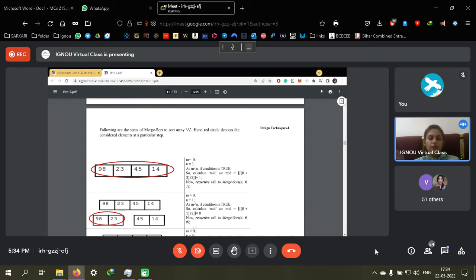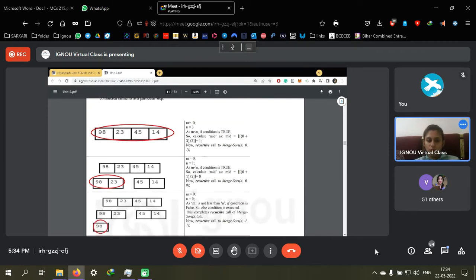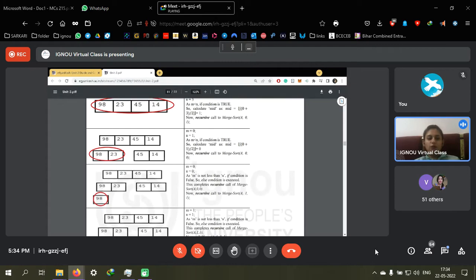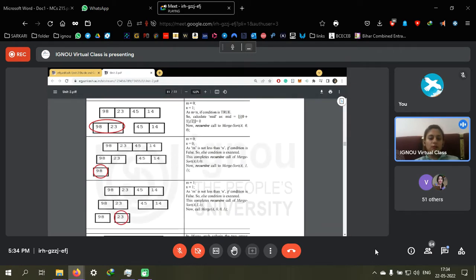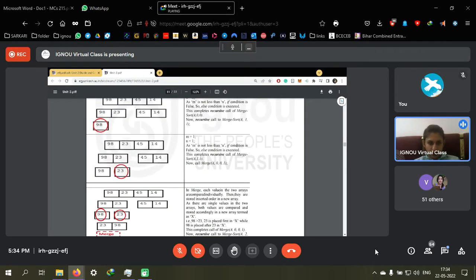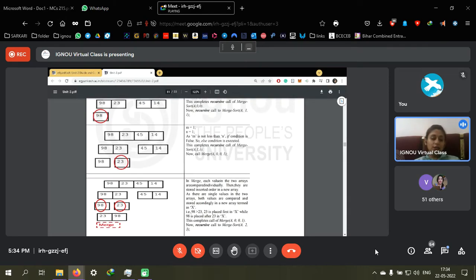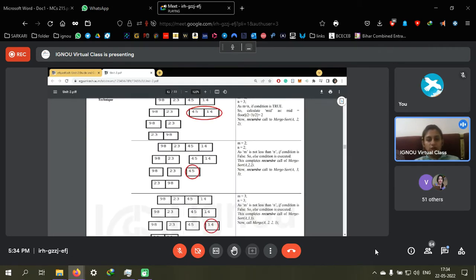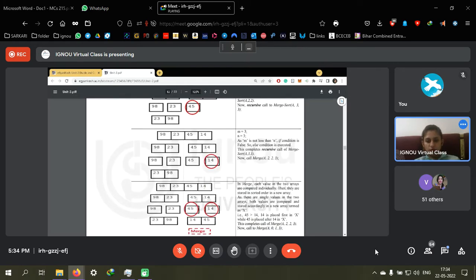We divide the elements into two parts, 98, 23 and 45, 40. Now we compare all the elements one by one. 98 and 23: 23 is less, so we swap both the values and merge it. Again with 40 and 45. In the last we will combine all the values.